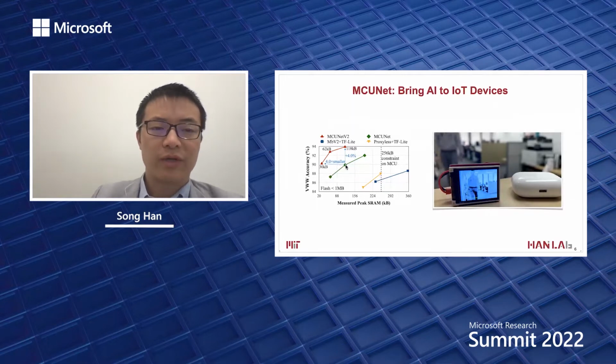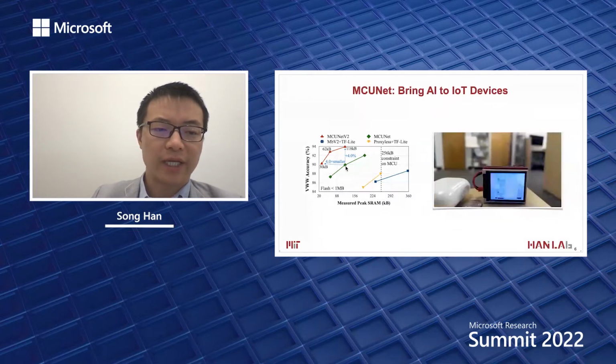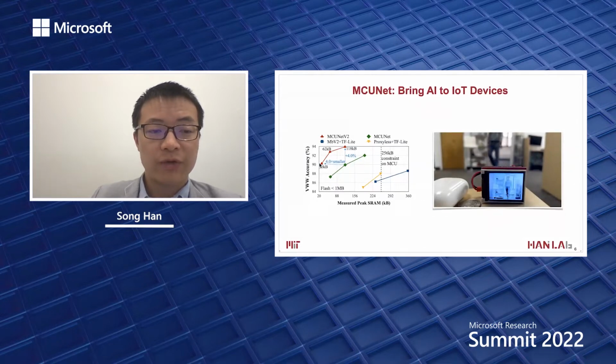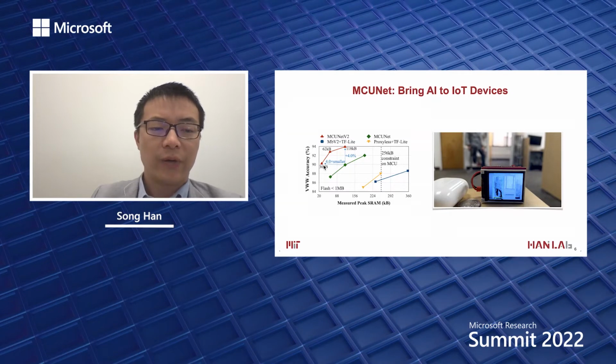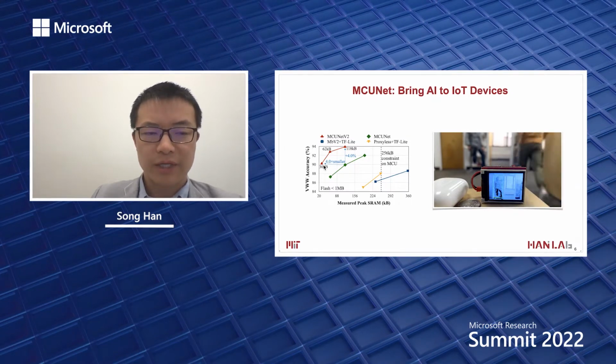By 2020, with MCUNet, we are able to push the memory to only 128 kilobytes while maintaining the accuracy to 90%. By 2021, we further pushed the memory consumption to only 30 kilobytes while maintaining the same accuracy.